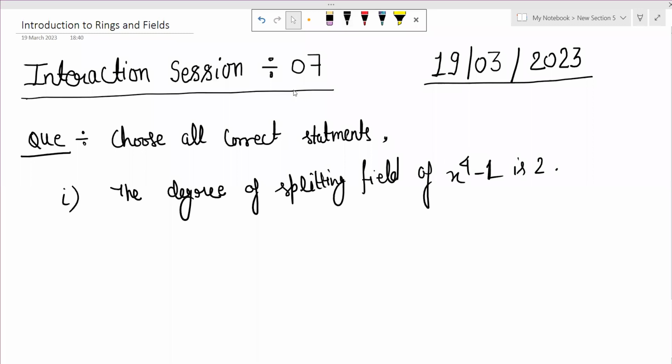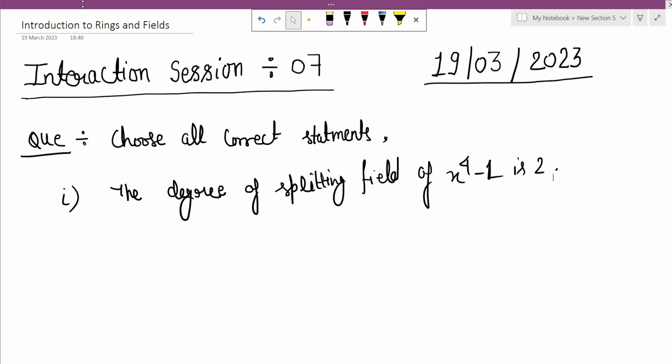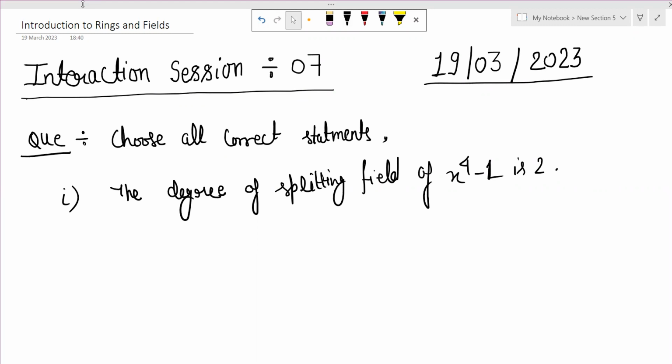Can you recall how I proved this? Is this true or not? Last time I did this. Someone can respond. Utkumar, do you recall last time I proved this? Is this true or not?